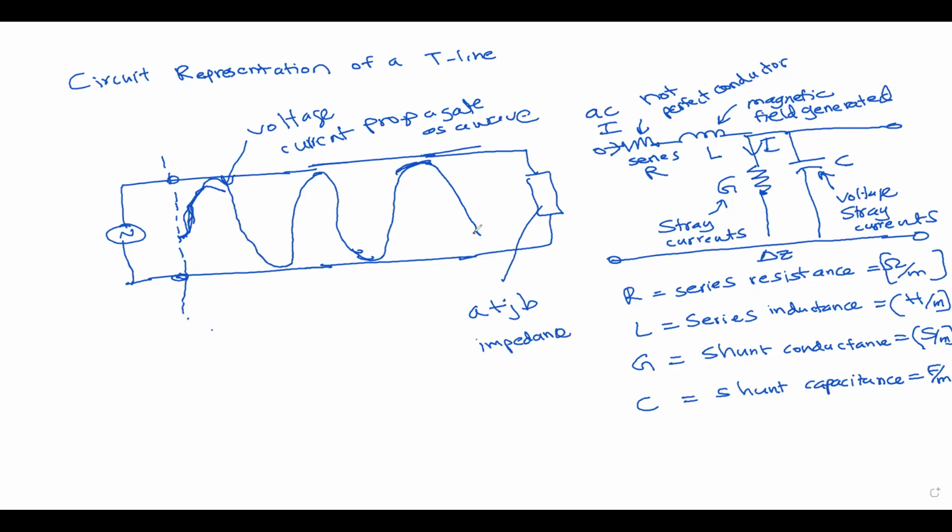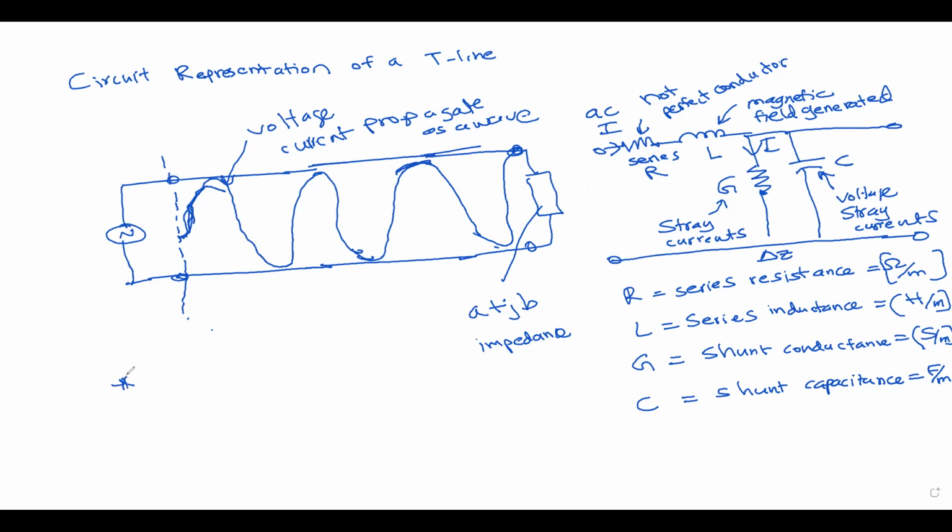The wave will propagate until it reaches the load. Once the wave hits this load, part of the wave will reflect back, most of the time because of the impedance mismatch between the transmission line and the load.